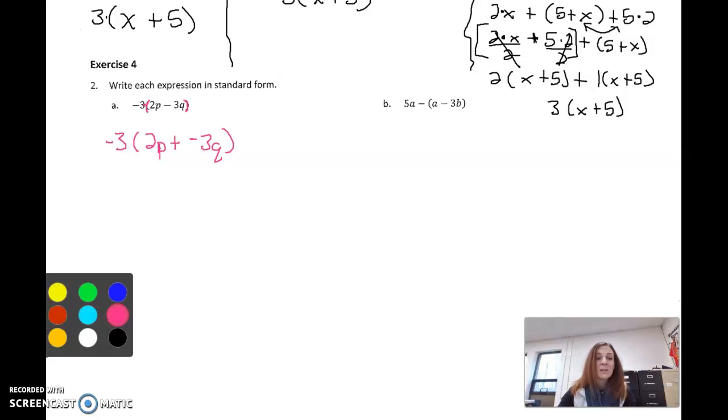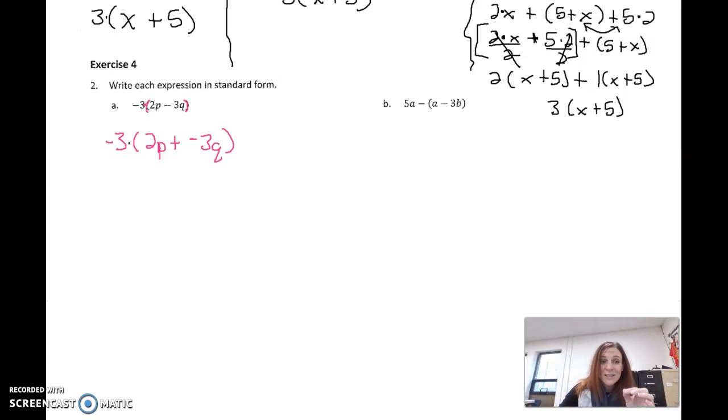Okay? So now I use my distributive property. This is multiplying. It is the multiplication property over addition. So I'm multiplying 3 by everything in here. So I'm going to go -3 times 2p. That's a -6p. Plus sign, -3 times -3q.